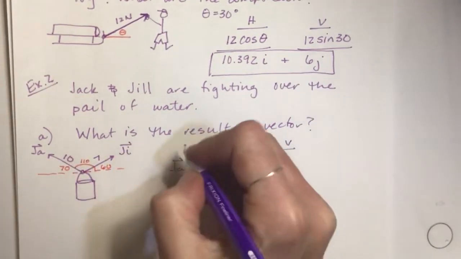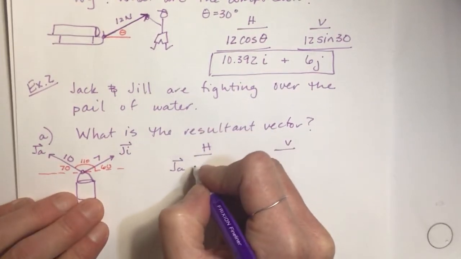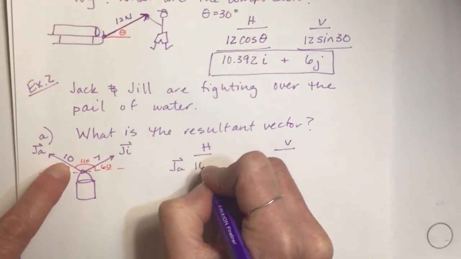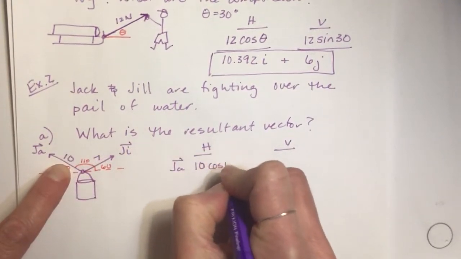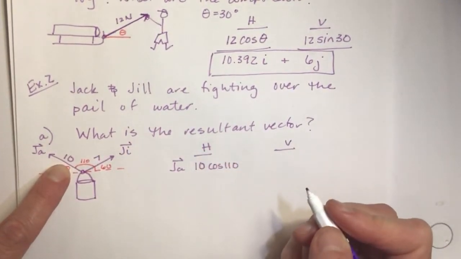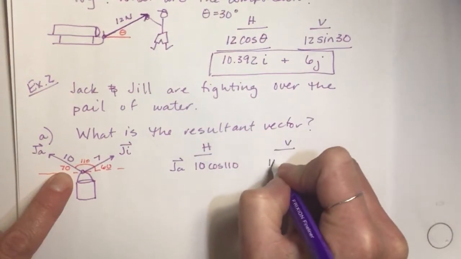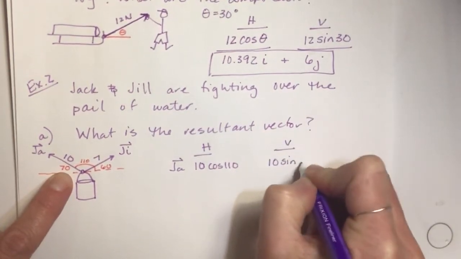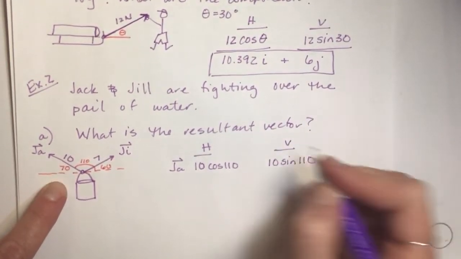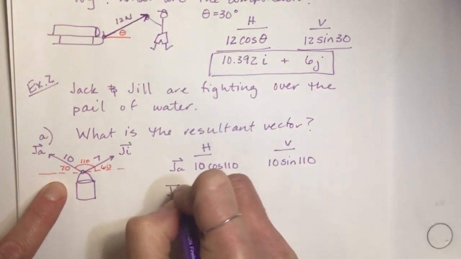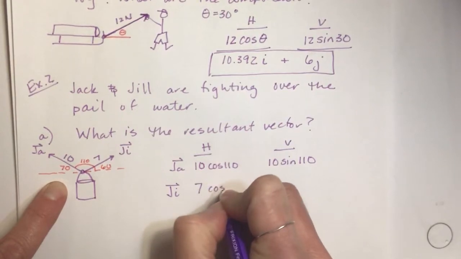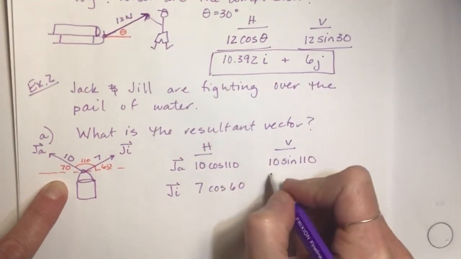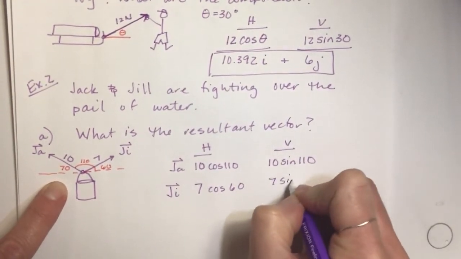So we have 10, the magnitude, times cosine of 110, and then 10 times sine of 110. Then we're going to do Jill, and Jill is 7 cosine 60 and 7 sine 60.